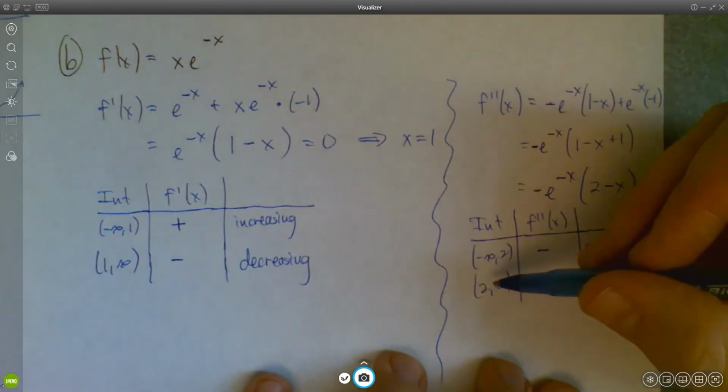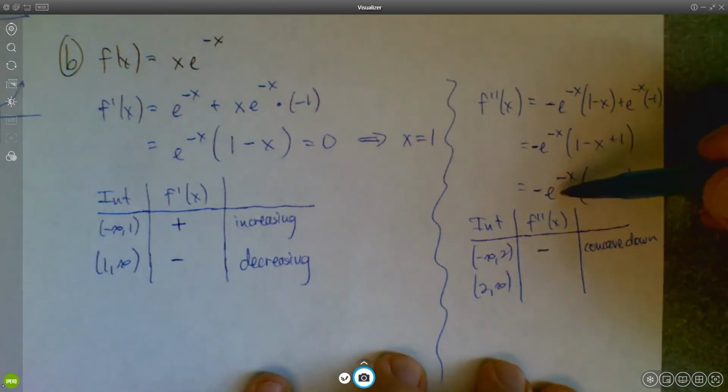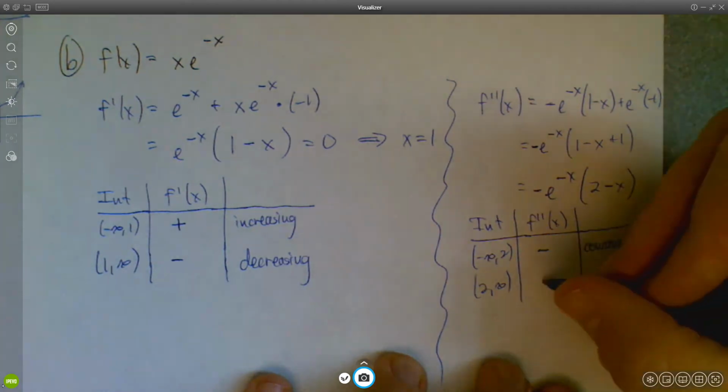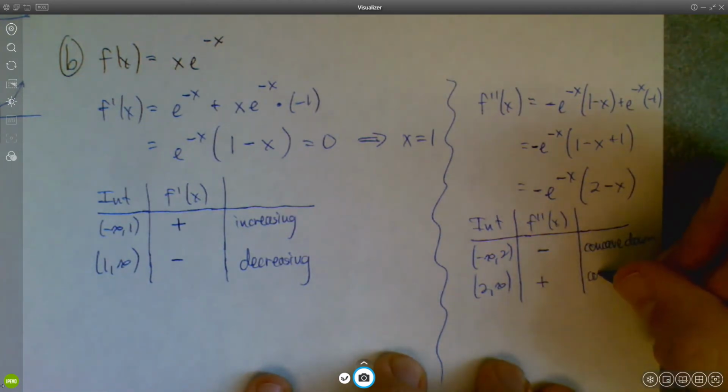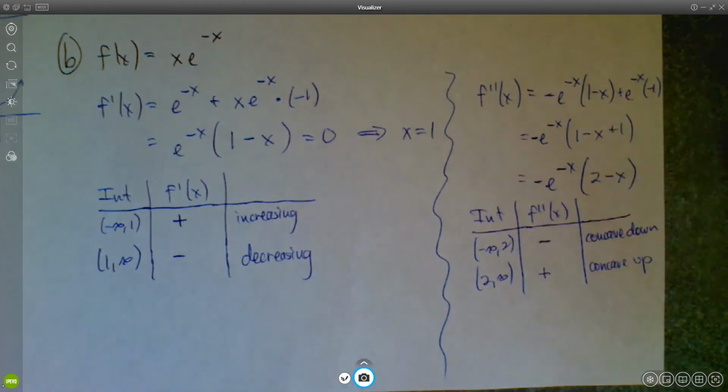And then if I plug in something like 3, here I'm still going to get a negative number. Here I'm going to get a negative number. A negative times a negative is a positive, so it's concave up on that interval. That means that 2 is an inflection point.